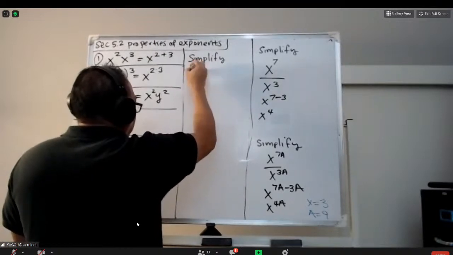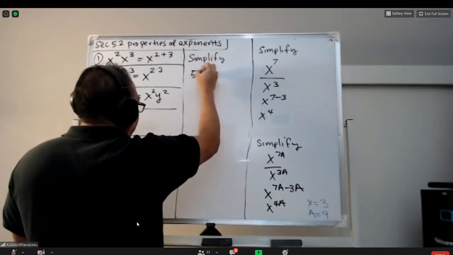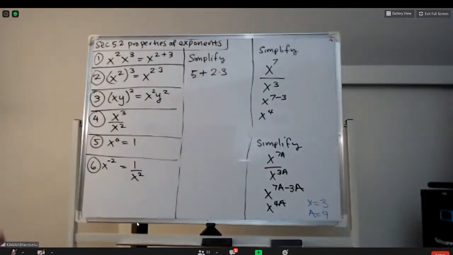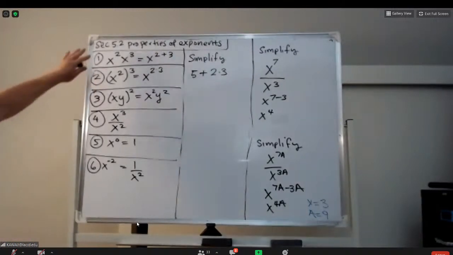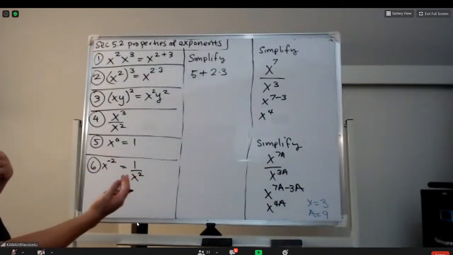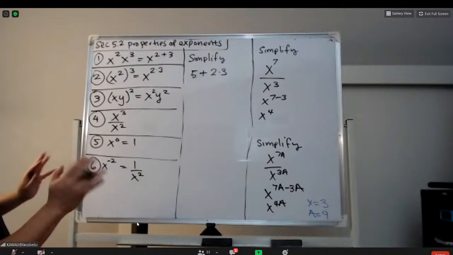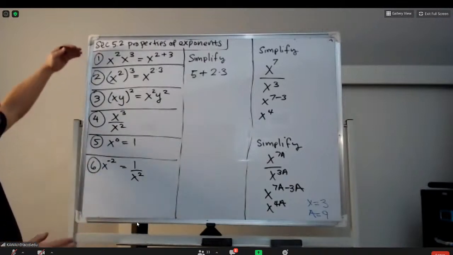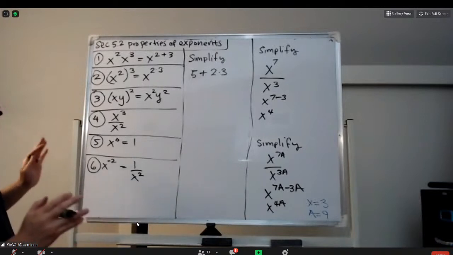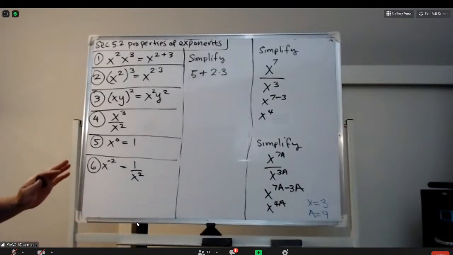Let's see, 5 plus 2 times 3. We have what's called the order of operations. Do multiplication before you do addition. Now, the nice thing about exponent properties is that there's no order. You're allowed to do this in any order that you want. So you can do this one or you can do this one first. It doesn't matter. You'll get exactly the same answer as long as you did it correctly.